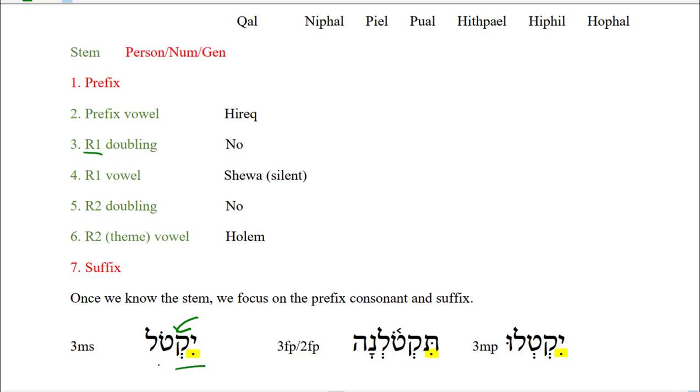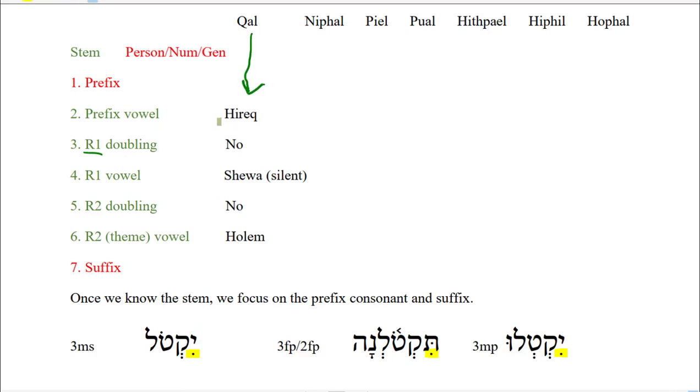So our root is kof, tet, lamed, and that's 1, 2, 3. And so we look at the R1, which is this kof, and there's no doubling, so that's a non-issue. And I'm listing these out here for the cal column here.